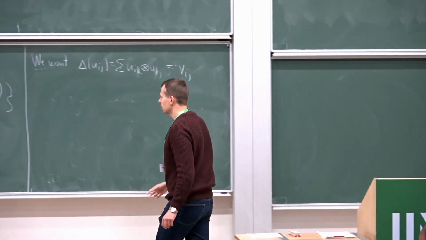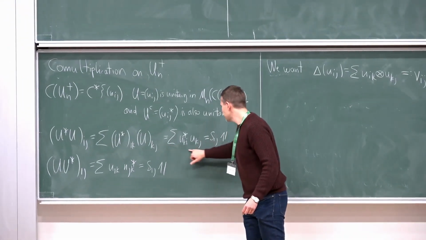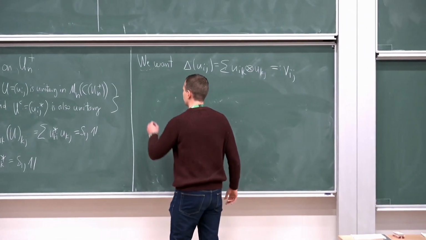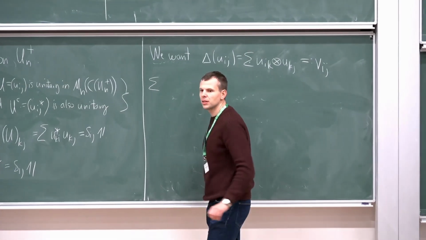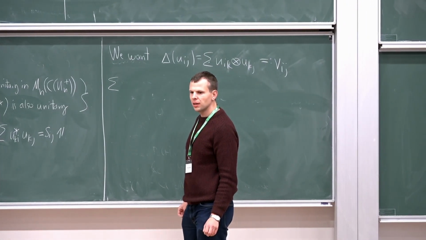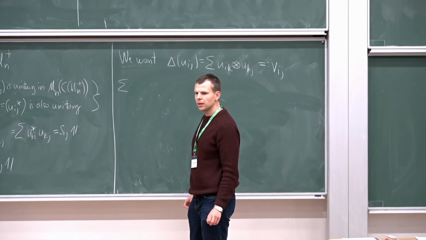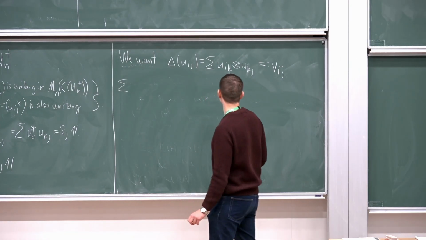Okay, so let's try to do this first condition. Someone asks why we want v_ij also to satisfy the relations.